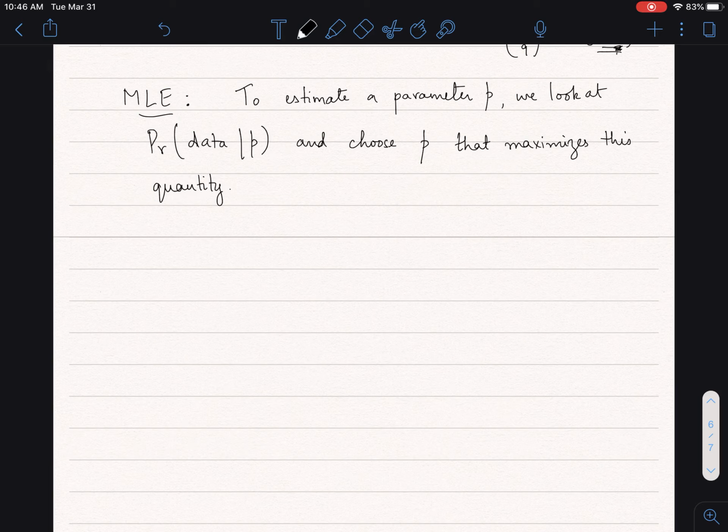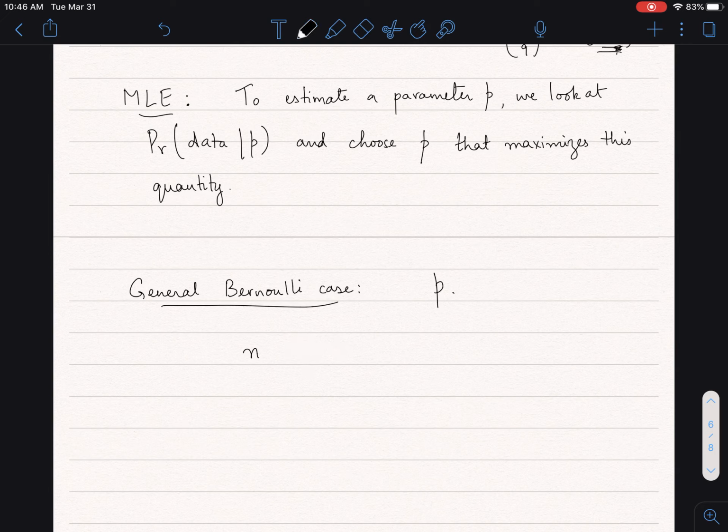Let's do this for general Bernoulli distributions. This is still a very simple distribution. Let's say our parameter is again p, and we have n coin tosses total, or let's be a bit more formal.